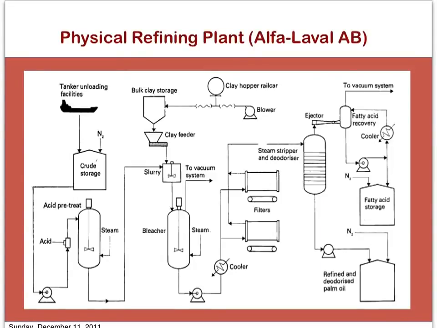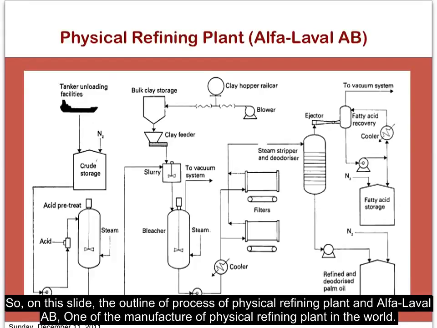Okay, so far we have discussed the process of chemical refining of crude palm oil. So now let's discuss briefly the physical refining. On this slide, this is actually the outline of the process of physical refining plant, and the outline shown here is for Alfa Laval AB, which is one of the major manufacturers of physical refining plants in the world.